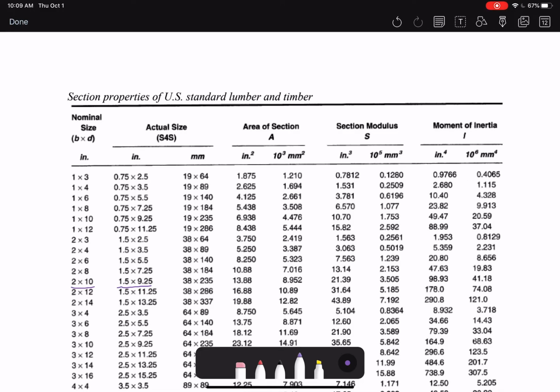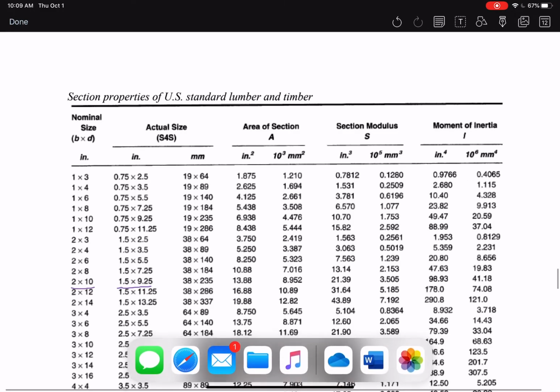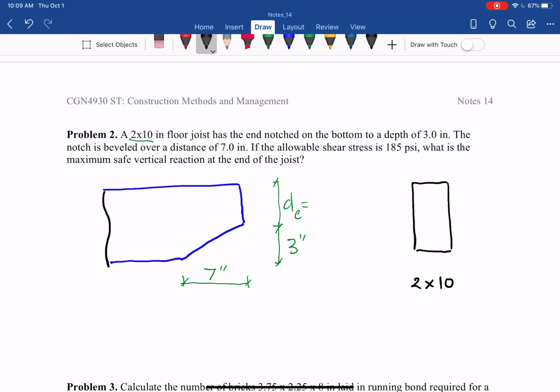So keep that in mind when you find the actual dimension. Here you have 9.25 inches, and believe it or not, this is 1.5 inches, even though the nominal is 2 by 10. So where does that come from?